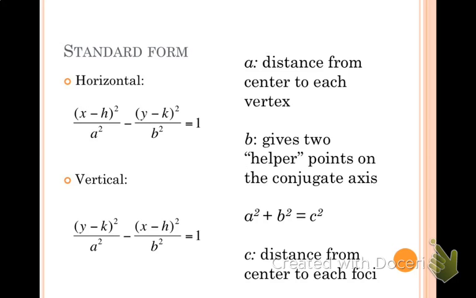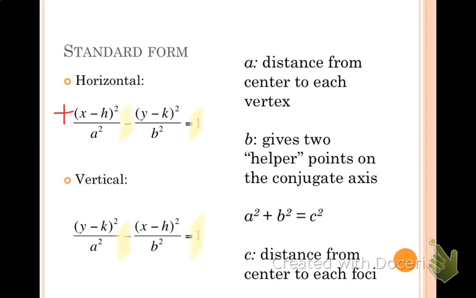So in standard form, our equation has a minus in the middle, and it's equal to 1. a, b, and c give us pieces of information that we should be pretty familiar with. The relationship now is a squared plus b squared equals c squared, so it does look like the Pythagorean theorem. You'll know it's horizontal by which one is positive.